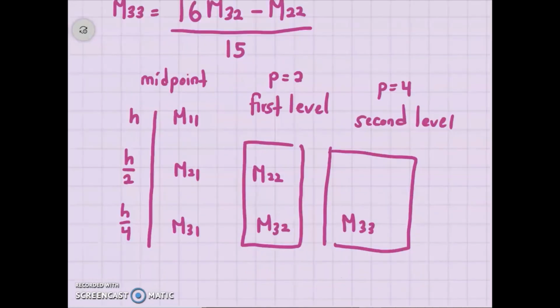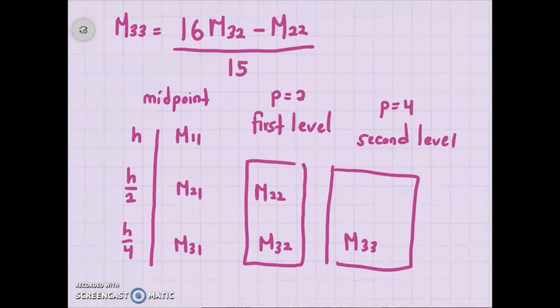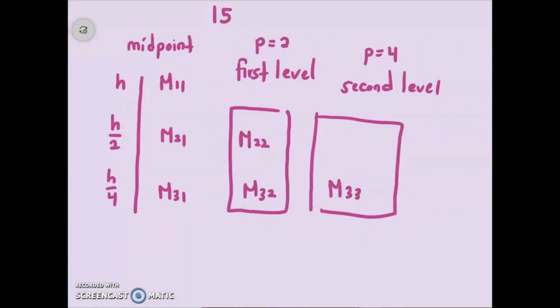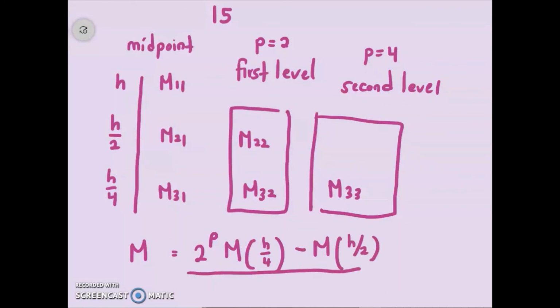So the general standard formula for extrapolation is given by 2 to the power of p times M of h over 4, minus M of h over 2, divided by 2 to the power of p minus 1.